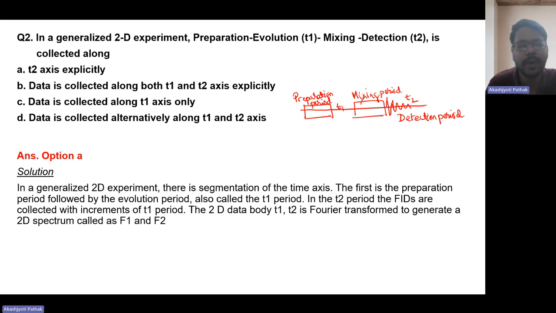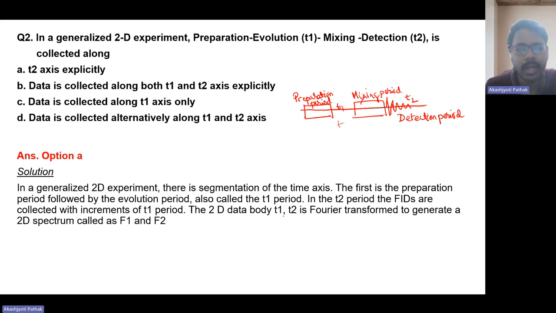In the T2 period, the FIDs are collected with increments of the T1 period, T1, 2T1, 3T1. With each increment of the T1 period, we see how the FID changes, and the intensities at these points are then plotted to get the spectra.